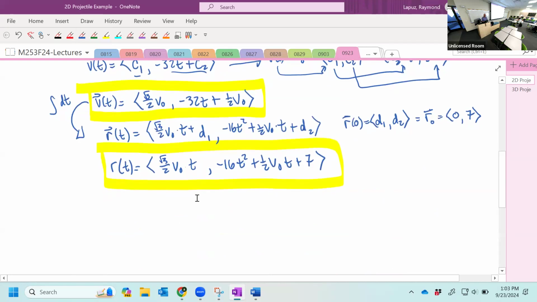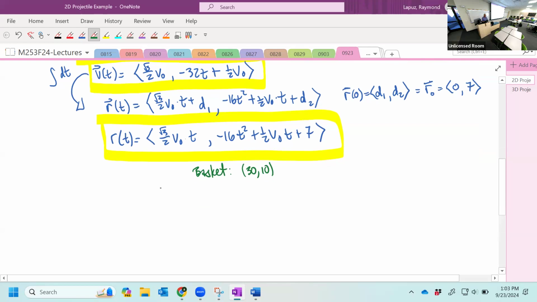So the basket is at the point 30, 10, and that's a position, right? So we just want the positions to be equal to each other. So we will have a couple of equations to work with. Root 3 over 2 v naught times t is equal to 30.